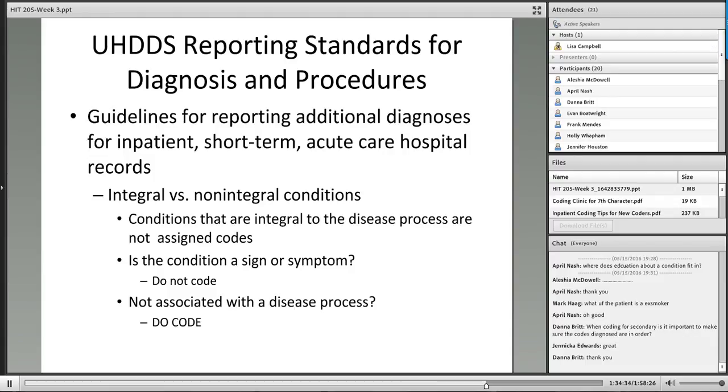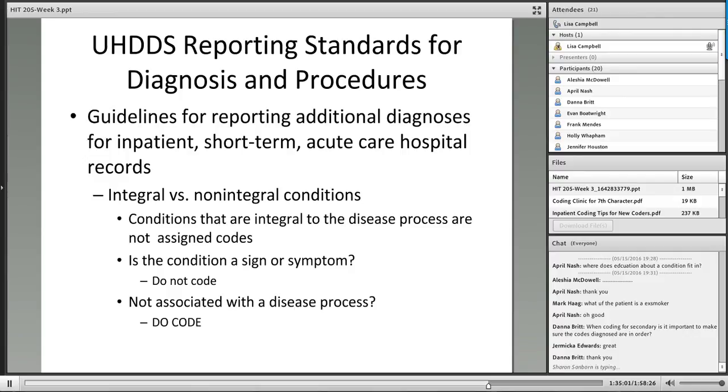Anyway, conditions that are integral to the disease process are not assigned a code. So, is the condition a sign or symptom? That is the first question that you have to ask yourself. Patient has chest pain and they have a heart attack. Chest pain is a sign or symptom of a heart attack, so we don't code it.